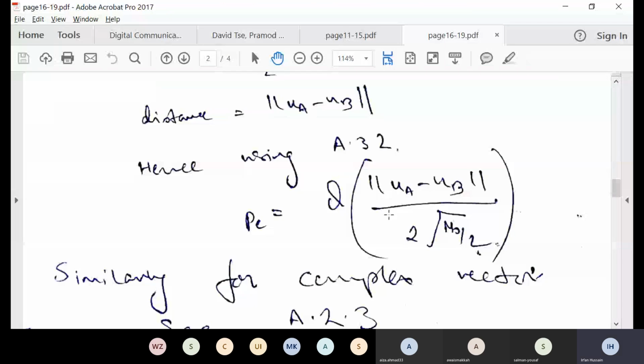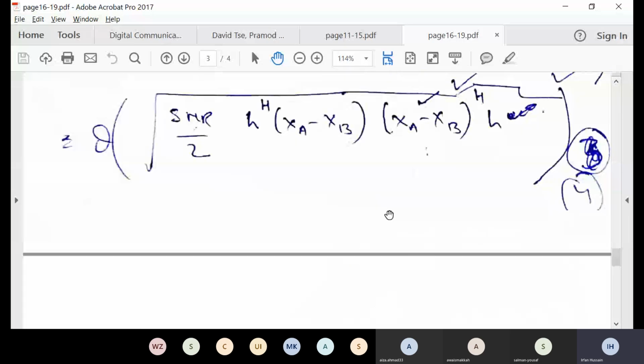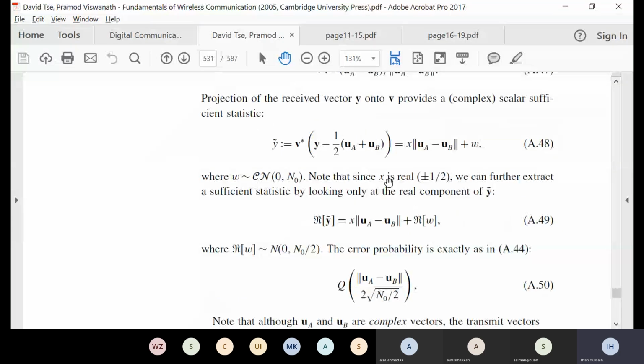You can write it yourself. It is not that difficult. The total error will be half into the error in the I phase plus half into the error in the Q phase. Now the error in the I and Q phase is this thing. Half plus half of this will give you the total Q. The total error will remain the same as in the previous cases, but the only difference is that ua and ub are complex.